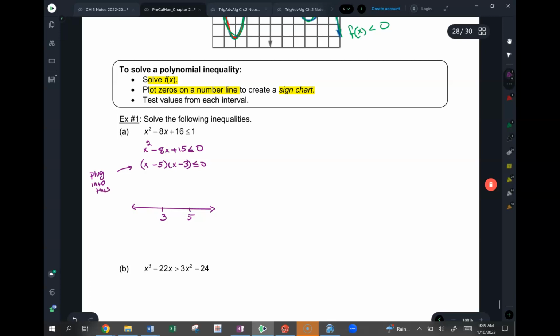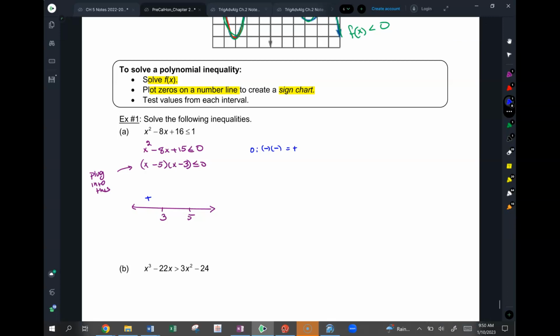I always start with x equals 0 if it's in one of my regions, so right here, all right? So suppose I get x equals 0. The first parenthesis gives me a negative, 0 minus 5. The second parenthesis gives me a negative. Together, that's positive, so this is positive.